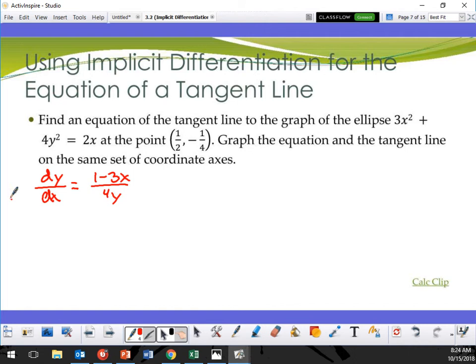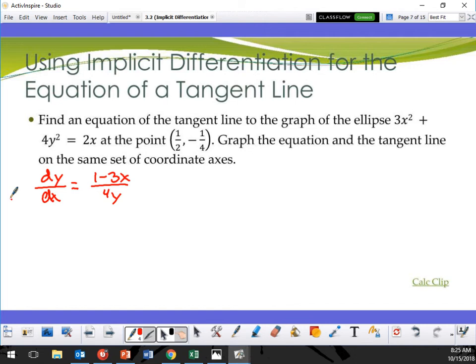Very good. Okay. So now, it's asking for the slope at a point, right? Whenever I take the derivative, remember the derivative is always the slope of the line, the slope of the function. Now, what would I do to find the slope here? Plug in 1 over 2.